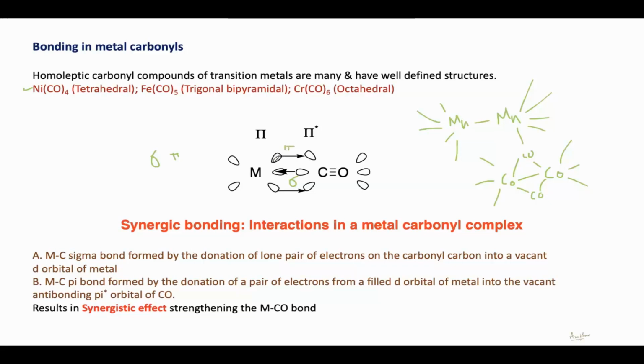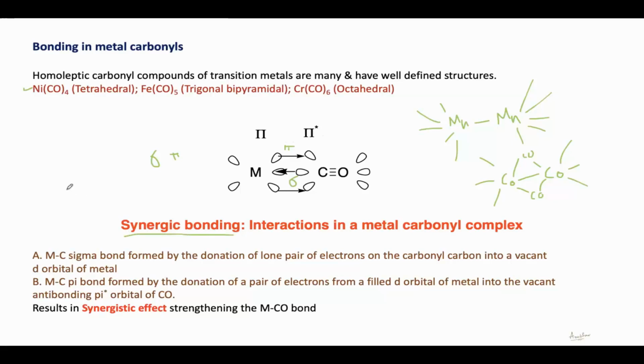Here you can see from the metal center, the filled d electrons are going towards the vacant antibonding pi star orbital of the CO. Since the ligand to metal and metal to ligand back bonding is there, it creates a strong synergistic effect, which strengthens the bond between the metal and the CO, and is termed synergic bonding.